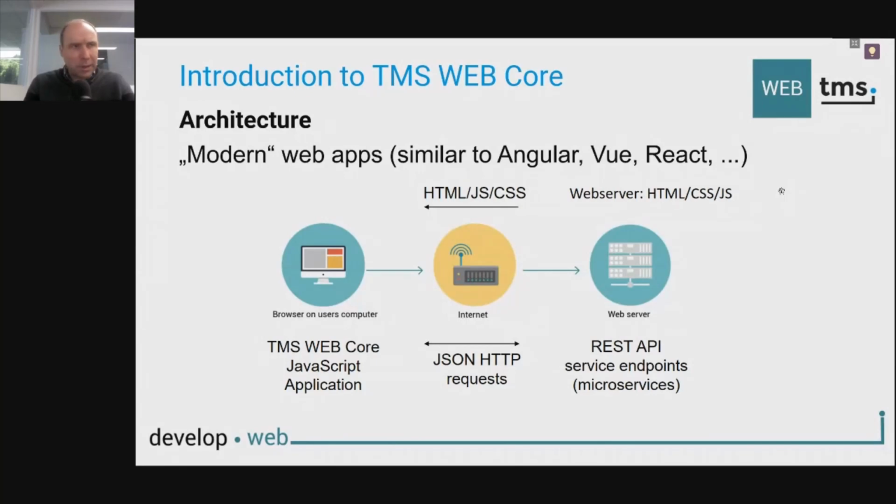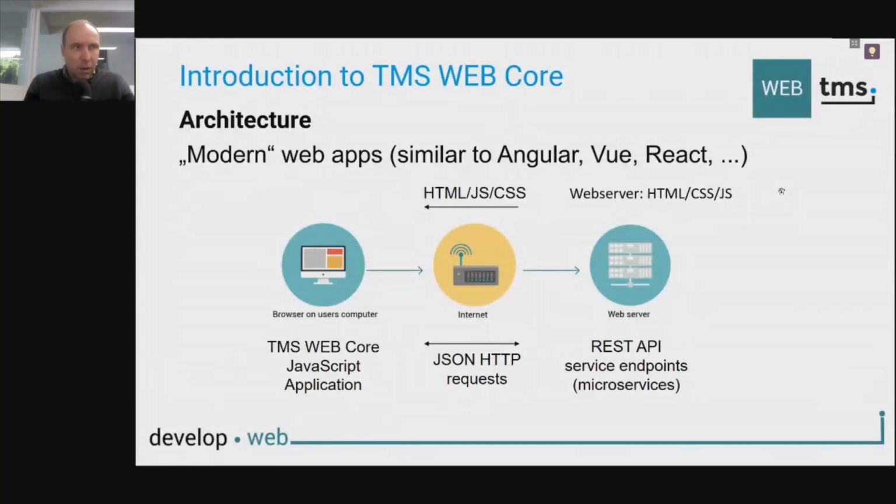So basically, when you create a web application with TMS WEB Core, you will create an HTML file, a JavaScript file, the application JavaScript file, and most likely you will be using some CSS, some images, and maybe other resources.